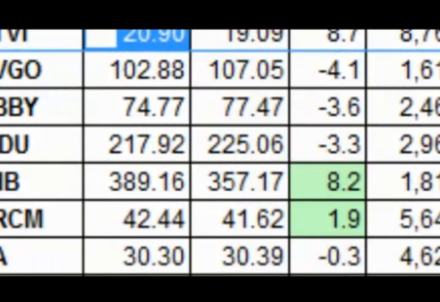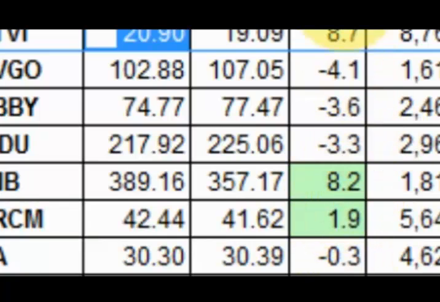And that's alerting you to the fact that we got the crossover. You can see here that the overhead supply line, the resistance line, was 41.62. Now the price is 42. So it just recently crossed, like as of a day or two ago. Okay?